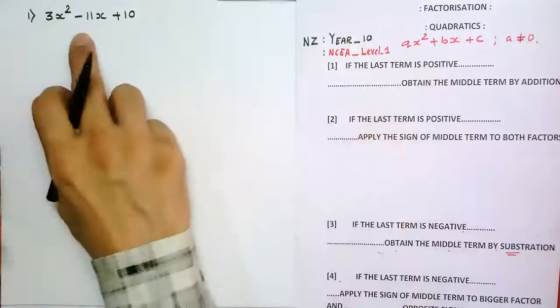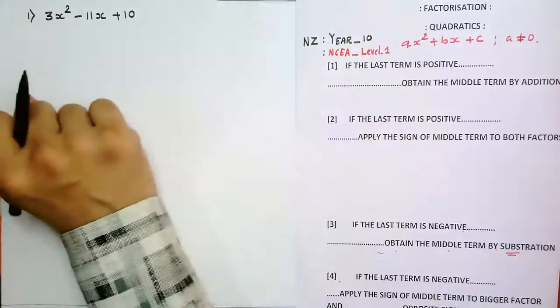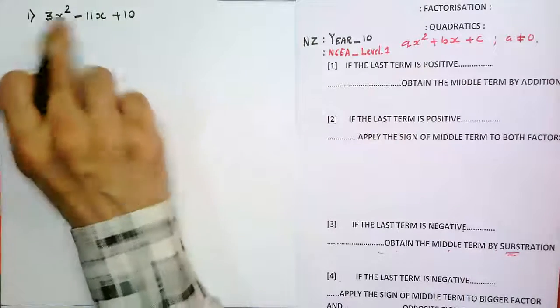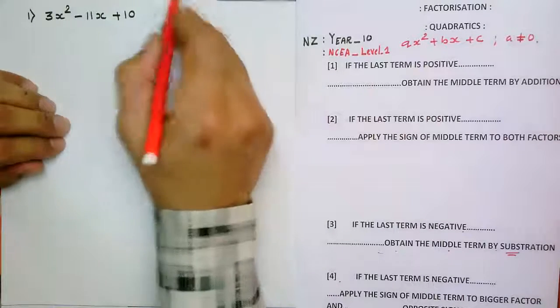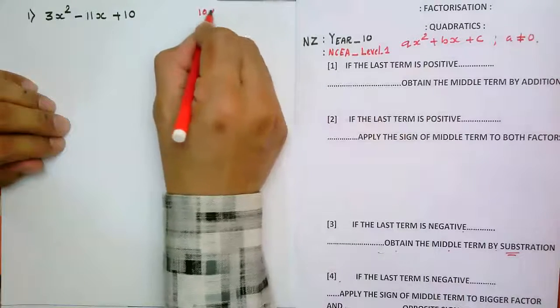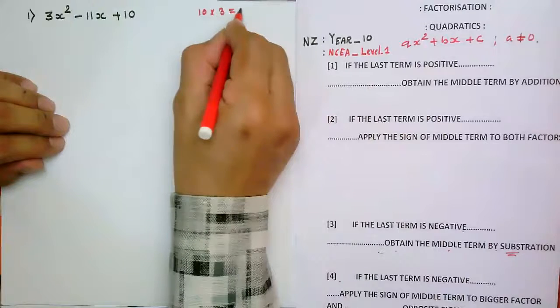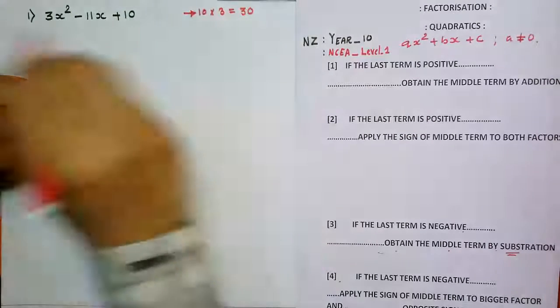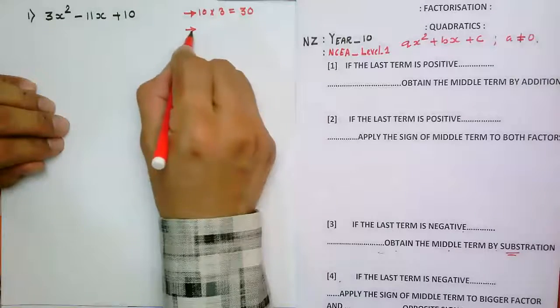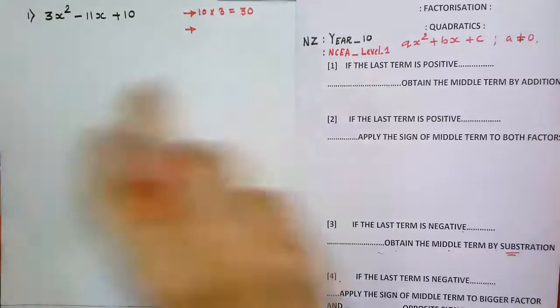Let us see this example. First of all, I will obtain the product of these 3 and 10. So 3 times 10 is 30. Now we should think of the factors of 30 and read this rule.